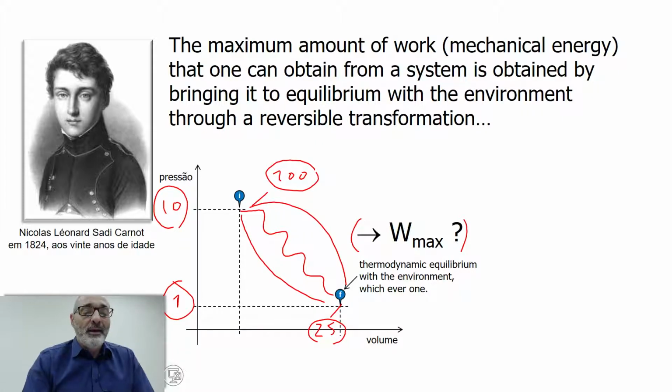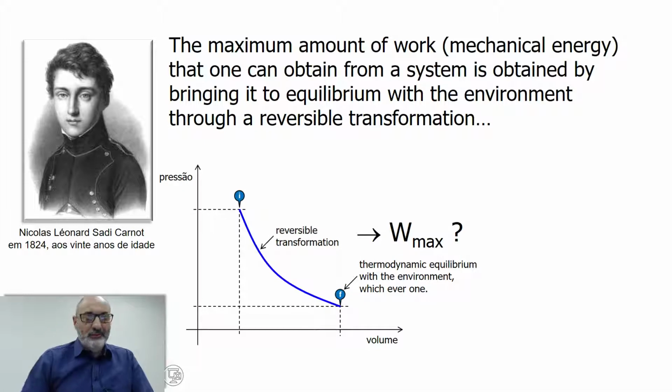Okay. What we can infer from the second law of thermodynamics is that the maximum amount of work is obtained when you choose a reversible transformation. Okay? And so that's it. You get the maximum amount of work when you allow the system to go to equilibrium through a reversible transformation.